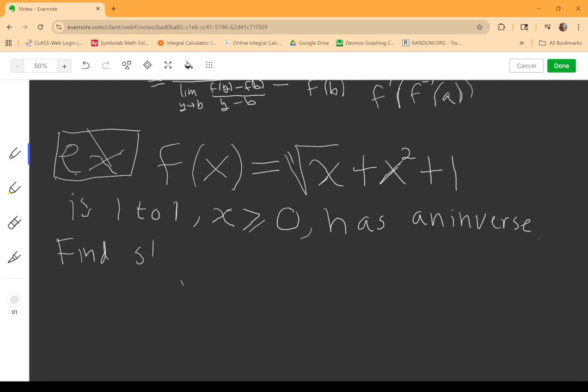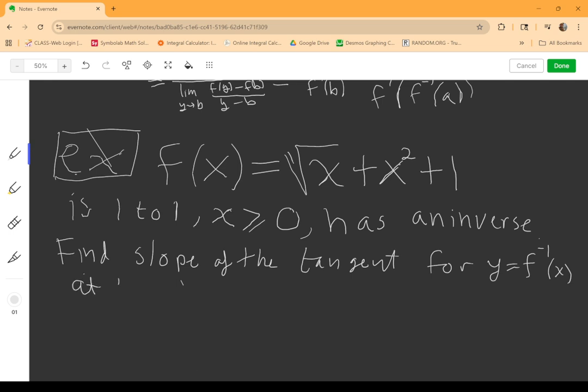Find the slope of the tangent for y equals f inverse of x at the point (3, 1). Okay, so this is the problem that I have.